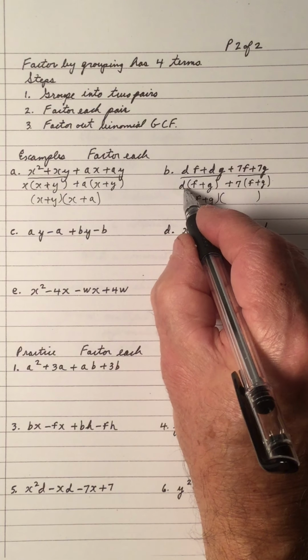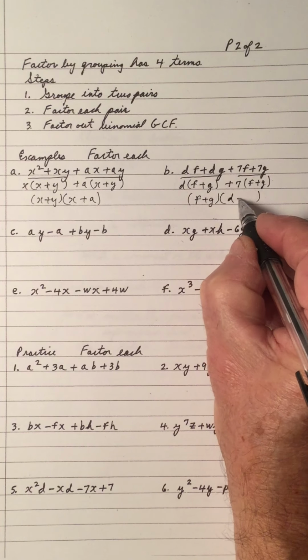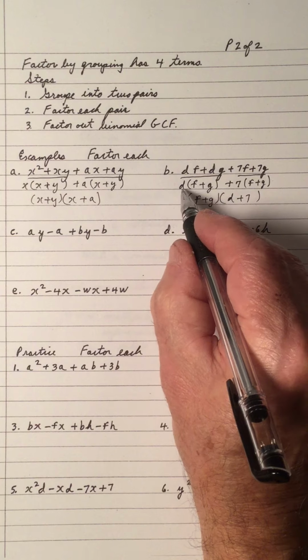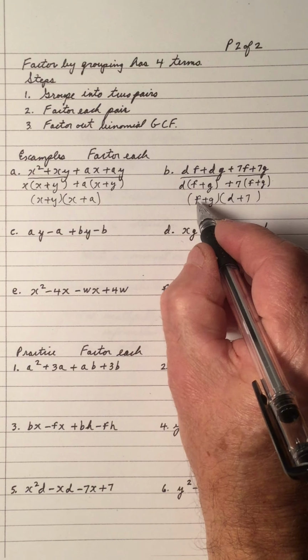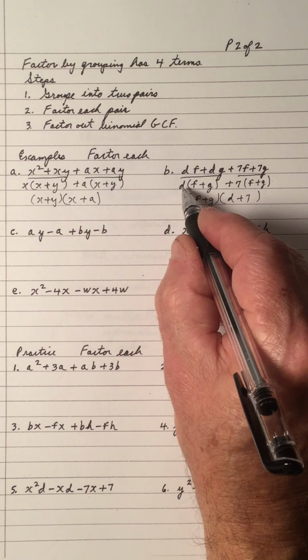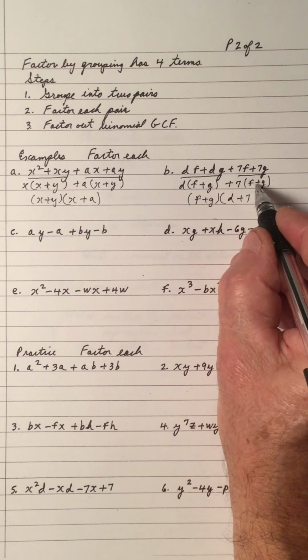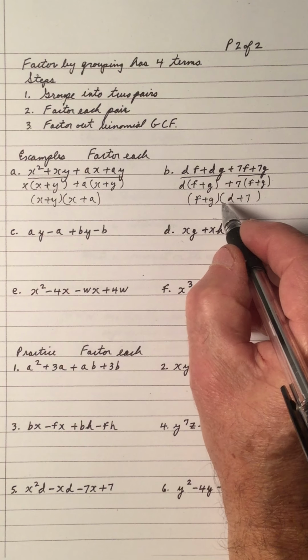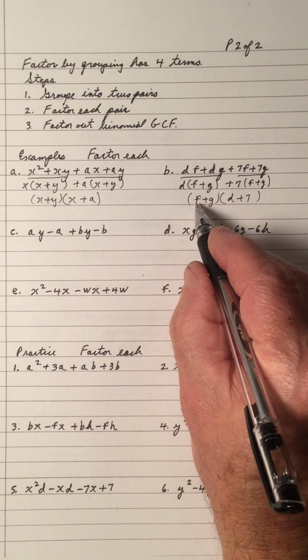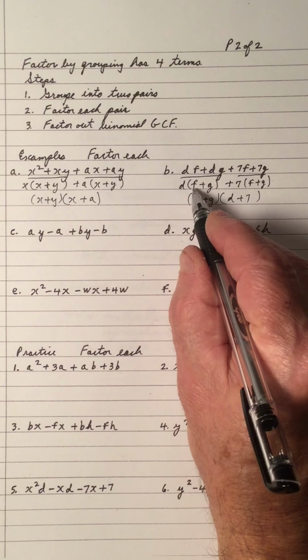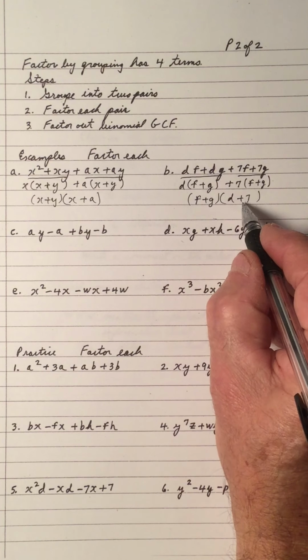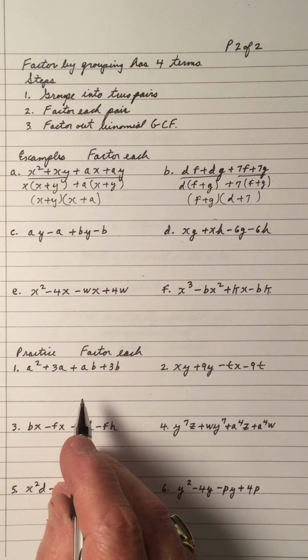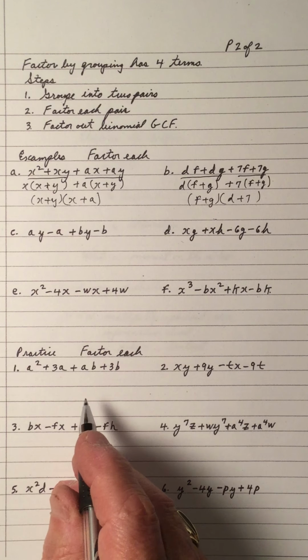And what's left, I get d plus 7. So this expression divided by f plus g gives me d. This expression divided by f plus g gives me 7. So f plus g times d, there it is. f plus g times 7, there it is. C, let's do another one.